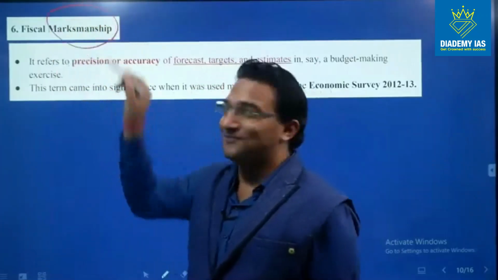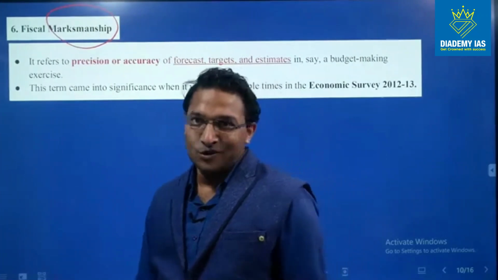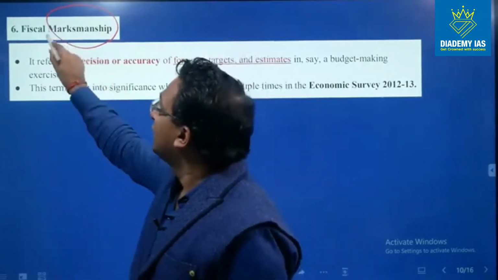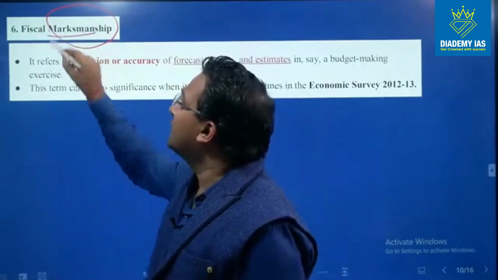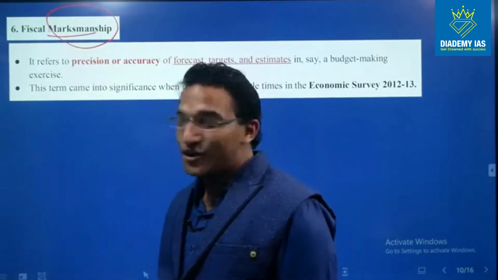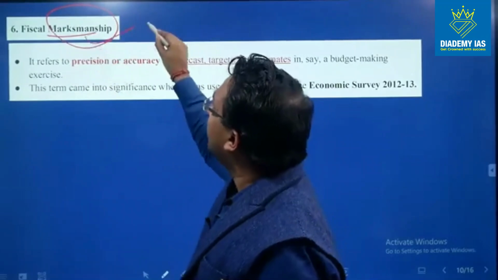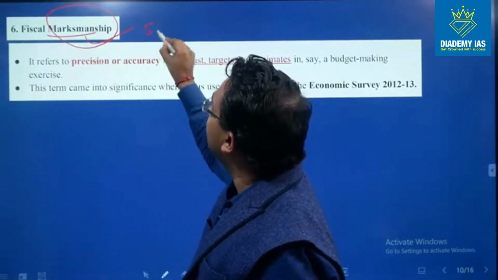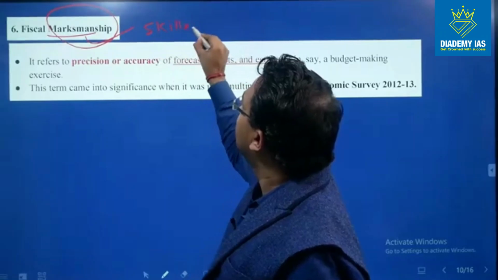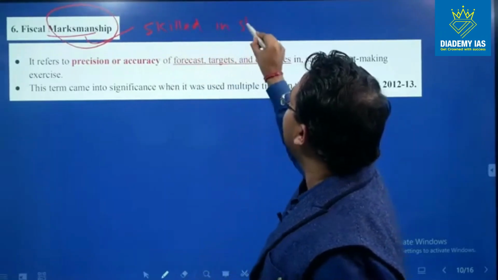Fiscal marksmanship. To understand this term, let us know what is the meaning of marksman. So a marksman means a person who is skilled in shooting a target.